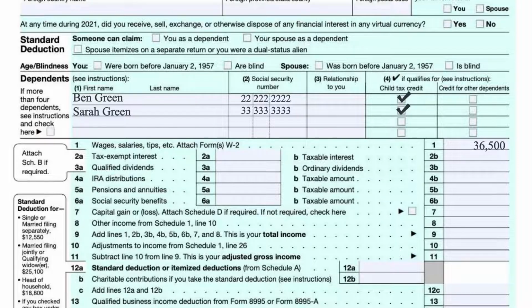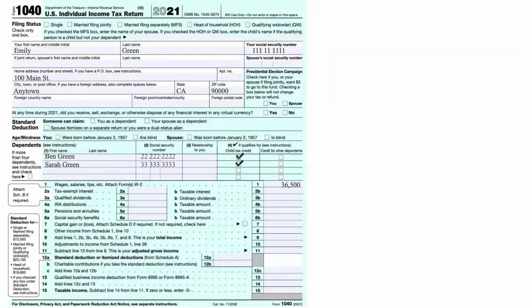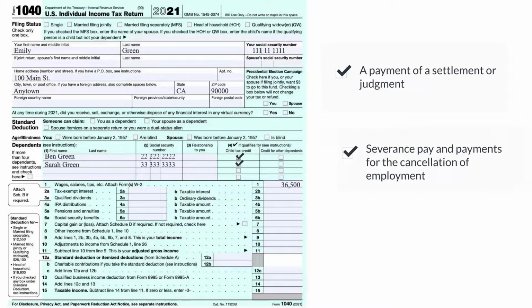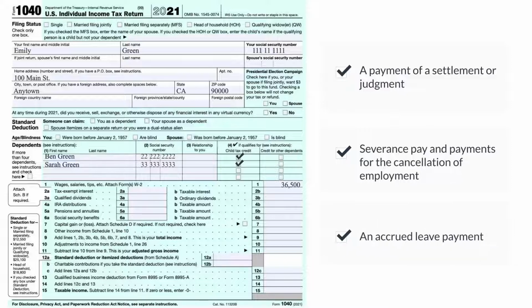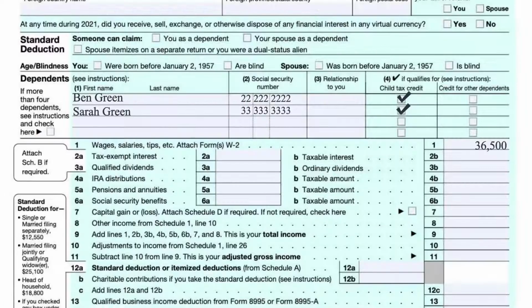Reviewing from the reading assignment, some other items that would be entered here include a payment of a settlement or judgment, severance pay and payments for the cancellation of employment, or an accrued leave payment, which is the amount of vacation time that an employee has earned through their employee benefit policy.